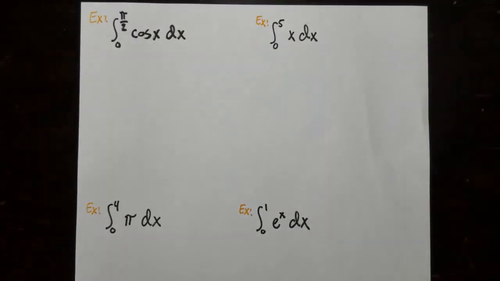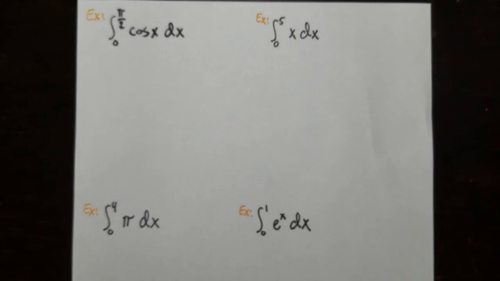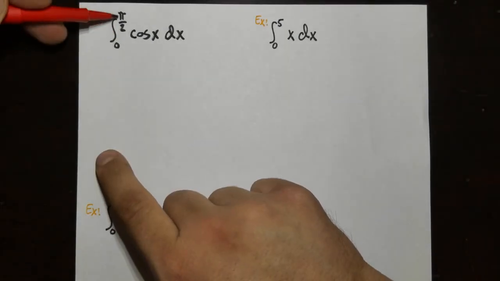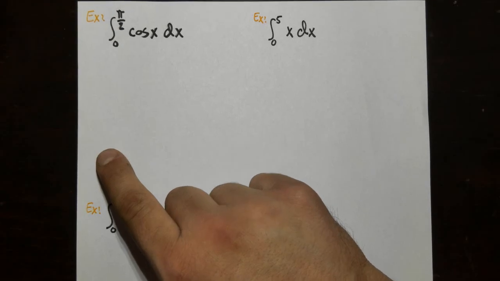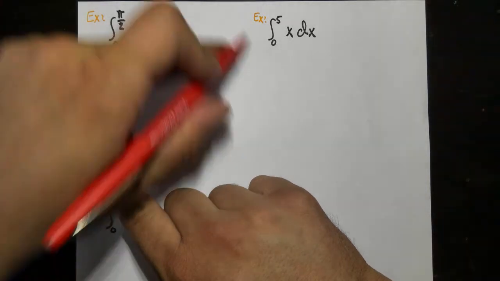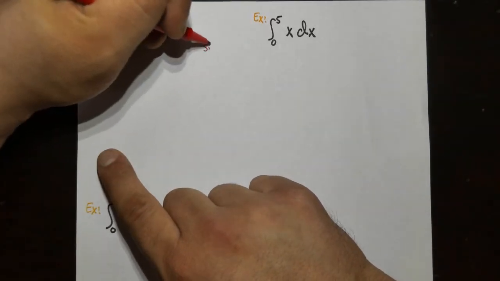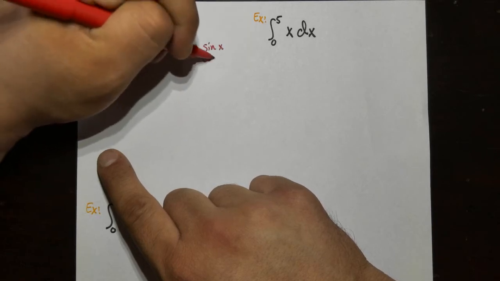So now we have some other kinds that we'll be seeing. Here we have the integral from 0 to pi halves of cosine x. So let's recall how the derivatives of sine and cosine worked. Remember we would start with sine x, and the derivative of that was cosine x.